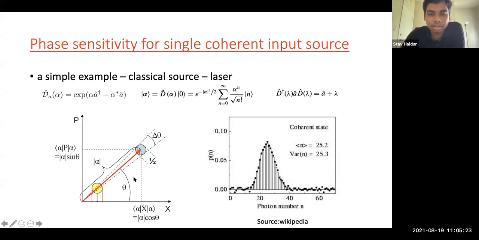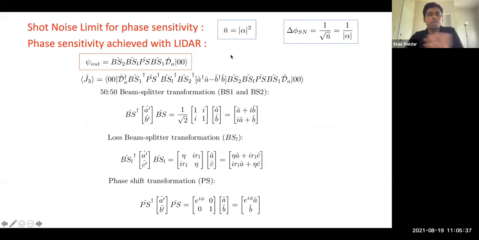Again, a coherent source is the ground state of the harmonic oscillator given some extra mean number of photons, so it gets shifted by that amount. Here is a brief snippet of how the calculation is done and what operators are involved.